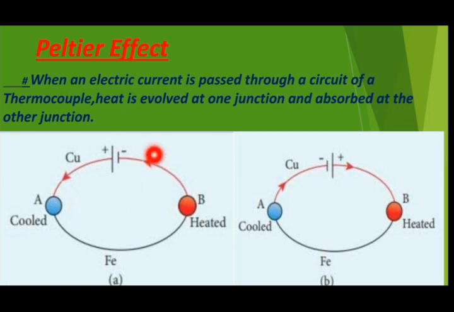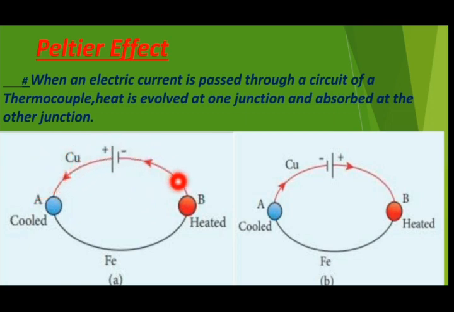Now listen, students, in the two dissimilar metals, copper and iron, this is nothing but a thermocouple. The junctions A and B are maintained at the same temperature. Let a current from a battery flow through the circuit. At the junction A, where the current flows from copper to iron, heat is absorbed and junction A becomes cold.